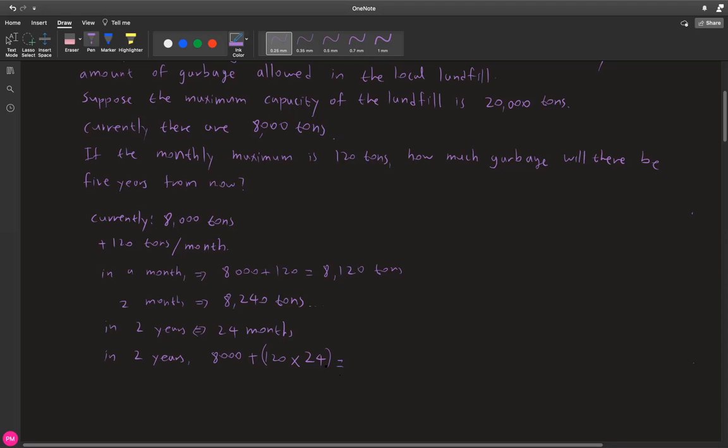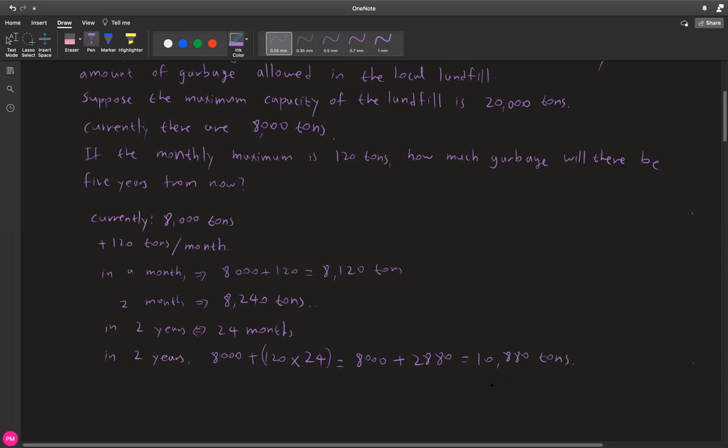This becomes 8,000 plus 2,880 tons, which becomes 10,880 tons. So this implies that in 2 years, there will be 10,880 tons in the landfill.